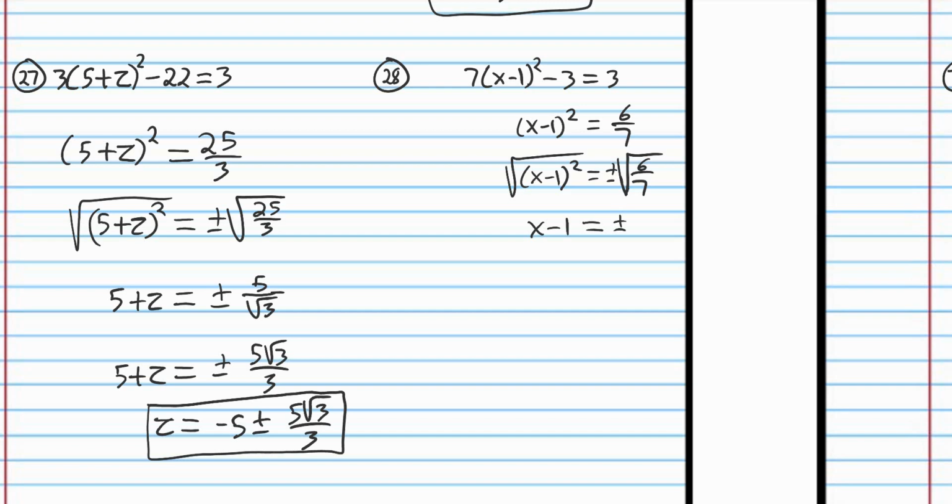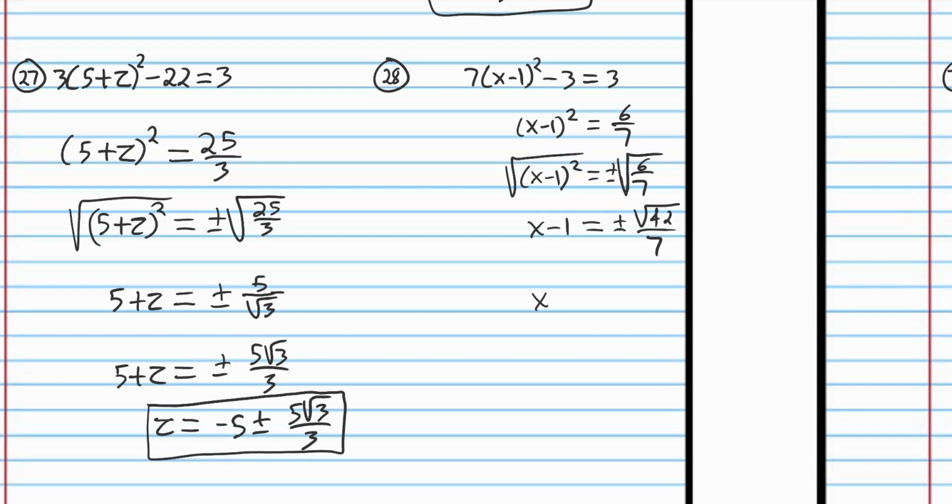And you can't just leave it as square root 6 over 7, so we have to break it up into 2 roots, as we showed in the previous class. Multiply both sides by square root 7 and you get square root 42. Whoops. Square root 42 over 7.